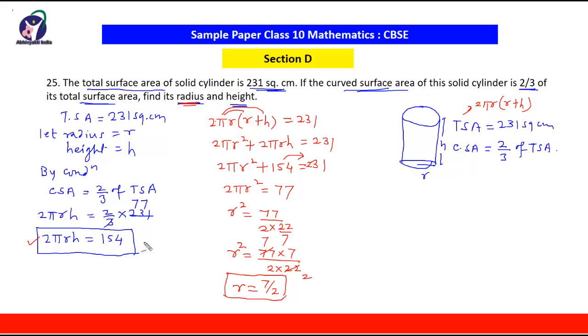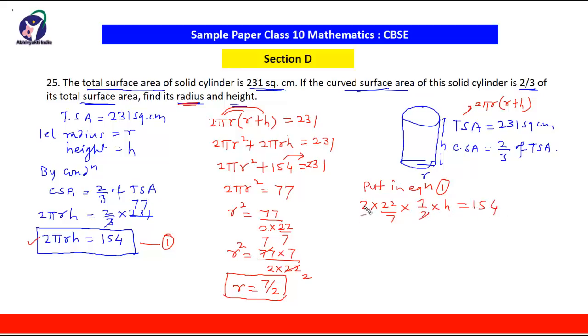So let this be equation number 1. We will put the value of r in equation 1. So here you will get 2 into 22 by 7 into r, that is 7 by 2, into h, that we have to calculate, which is equal to 154.